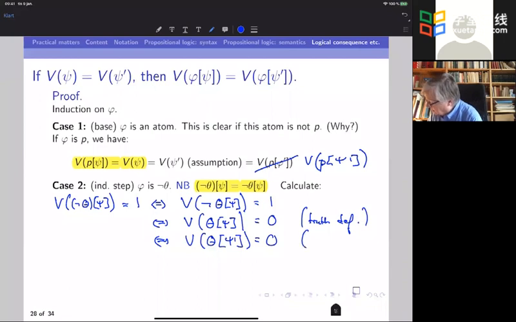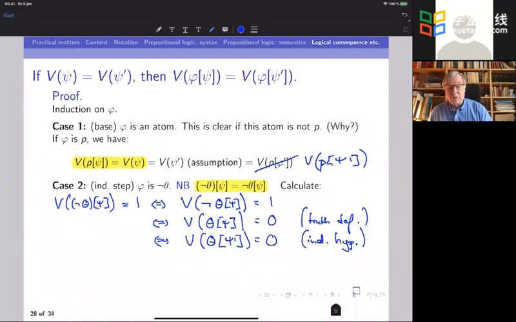This is the induction hypothesis that we're using here. And this is the whole crux of proofs like this. The induction hypothesis is that the claim already holds for less complex formulas.